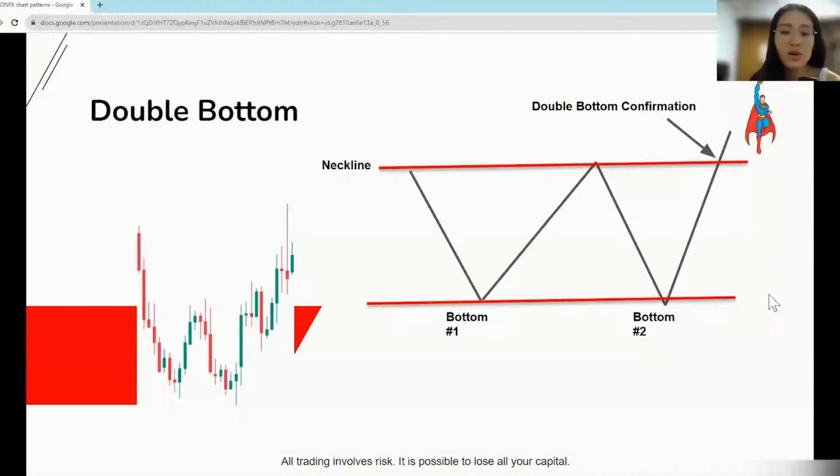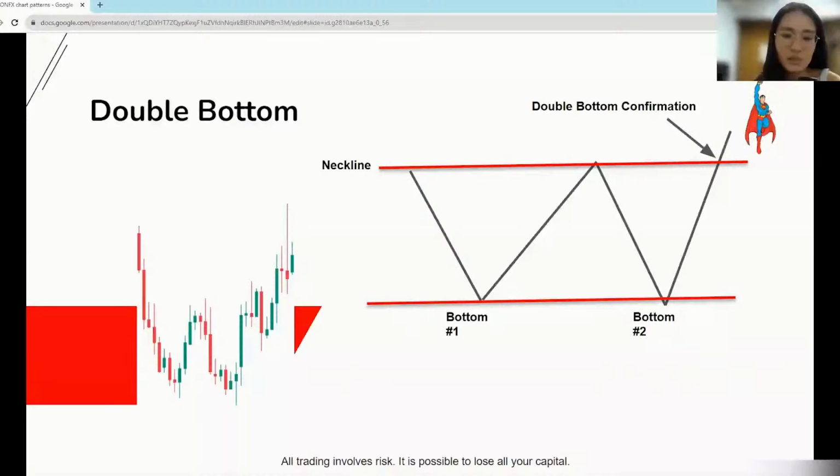Strong levels of support often indicate a strong change of trend. So that's why you can see once we see price breaking out of here, we can then assume that price has reversed and we're expecting price to continue upwards instead of continuing to hit this strong support level here.